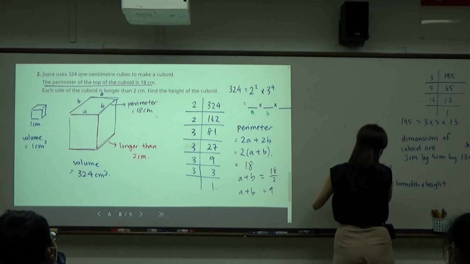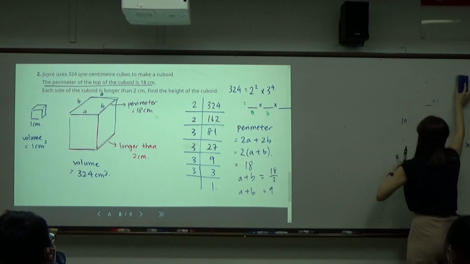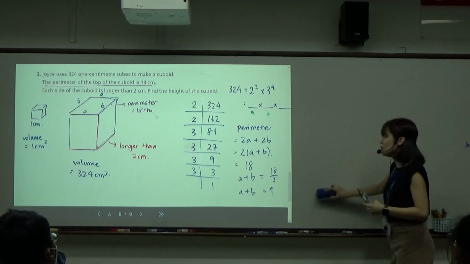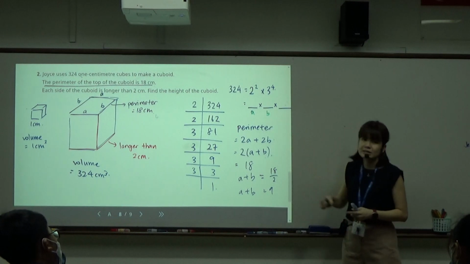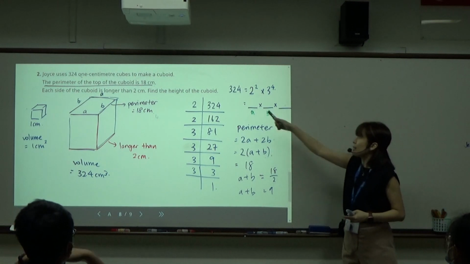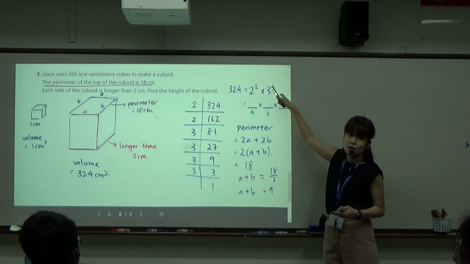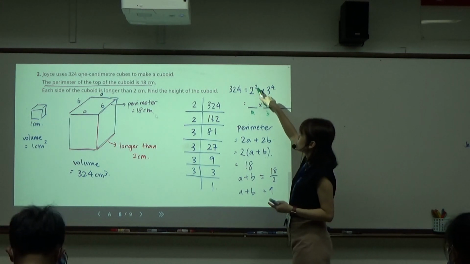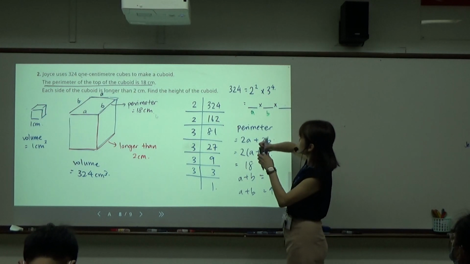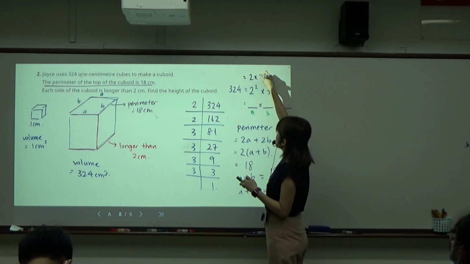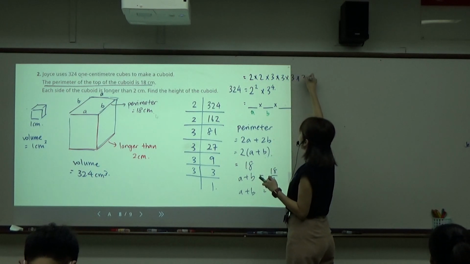Next thing that we know is that each of it must be more than 2 cm. Okay? So I will now do a little bit of trial and error to figure out what kind of numbers are suitable. My numbers over here must match this 2 squared times 3 to the power of 4. Eventually must have 2 2s and 4 3s. Because 2 squared is 2 times 2, 3 to the power of 4 is 3 times 3 times 3 times 3.